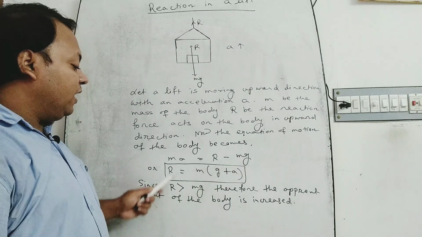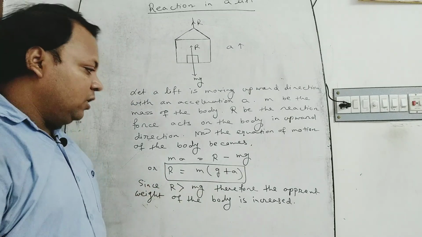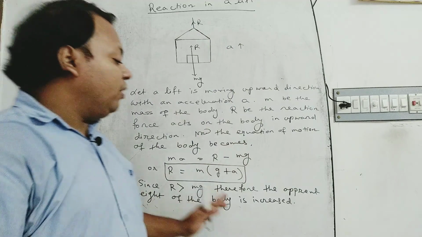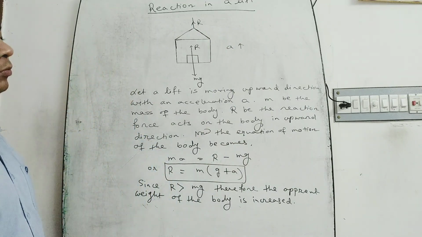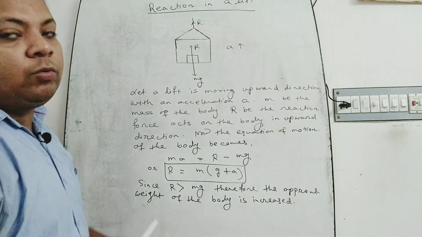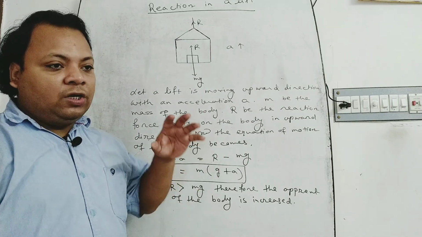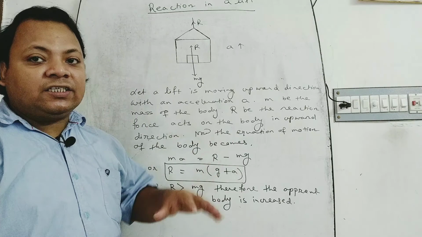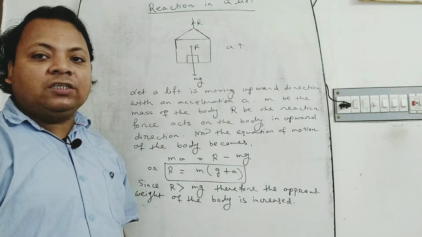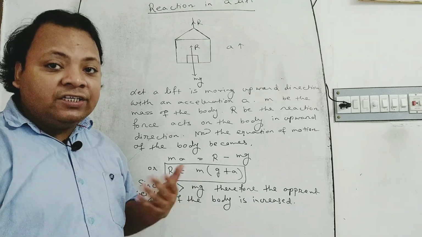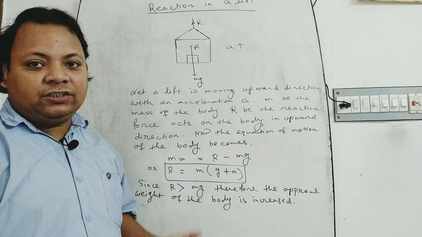Since R is greater than mg, the apparent weight of the body is increased. That's why when a person is standing inside a lift which moves upward, the person feels that his weight has increased.